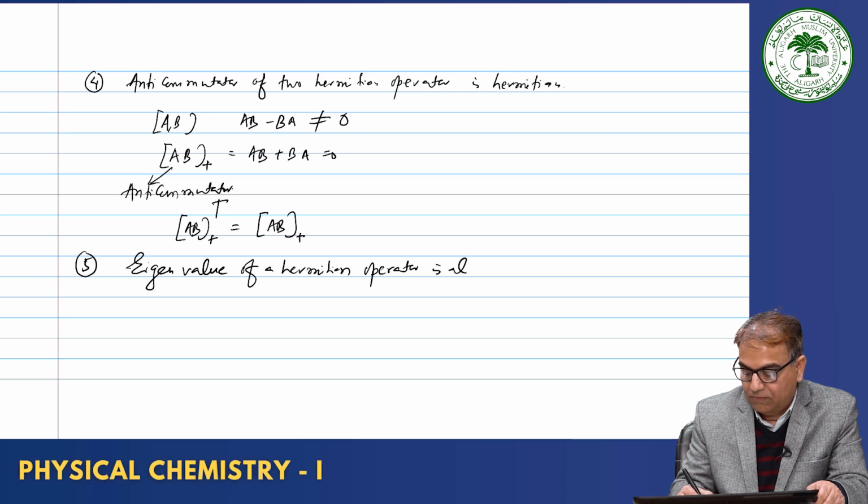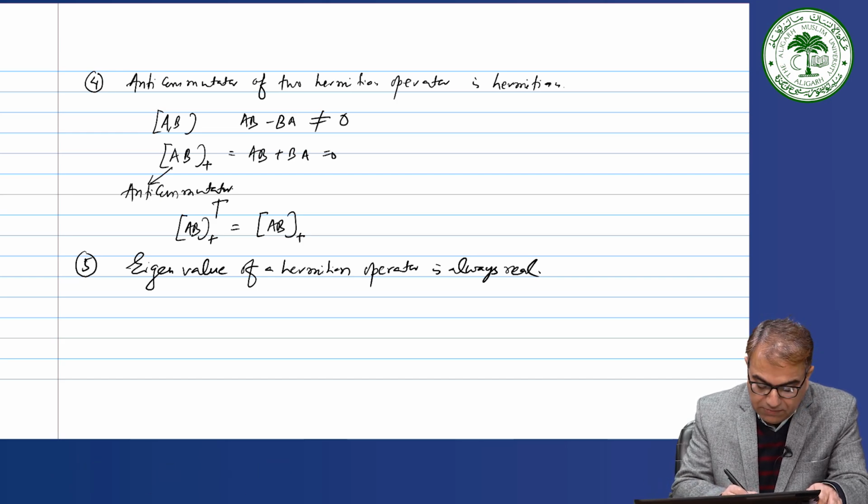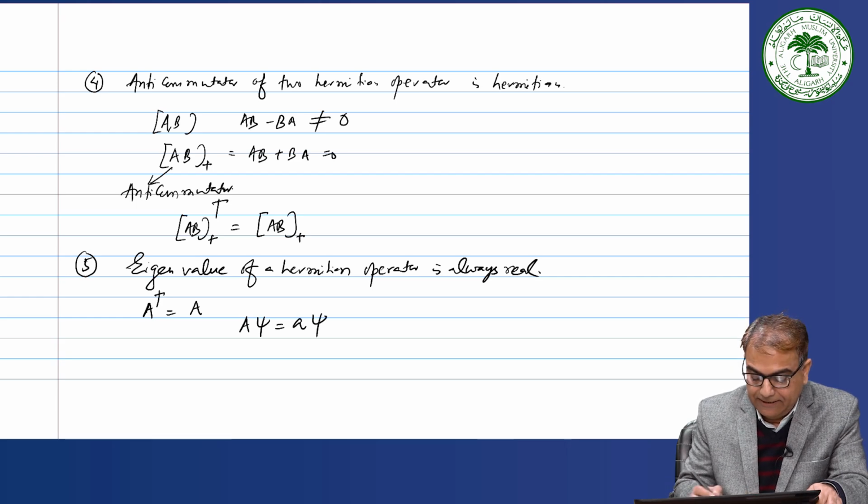You need real eigenvalues. If you operate with this operator and get A psi, how will you write the Hermitian condition?